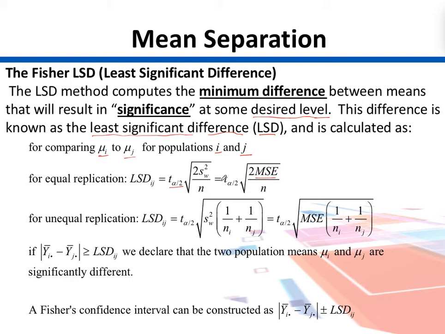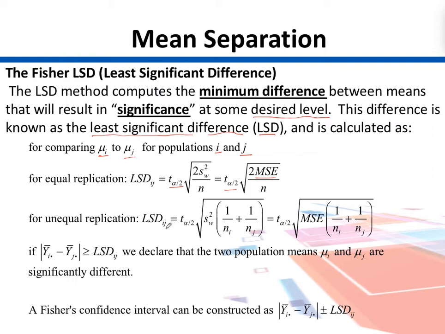We get this t alpha by 2 from the table, and the degrees of freedom we look up for this t value will be the same as the degrees of freedom for s squared w. So in fact we have the mean square error here, and its respective degrees of freedom will be used in the t table for this value of t.